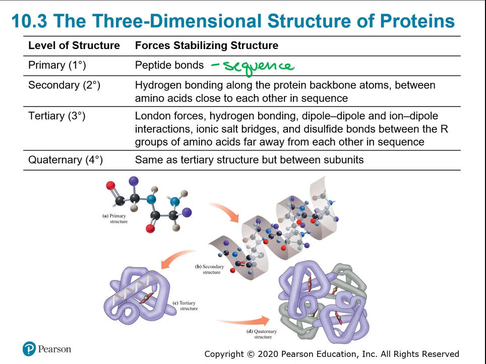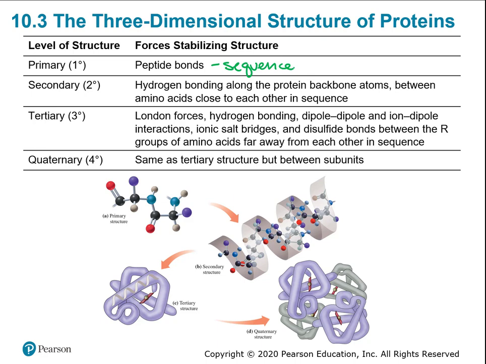Tertiary is the R group. That can form globular if you have lots of tertiary structure. If you don't, then you tend to have more fibrous protein strands. And then quaternary is if you have more than one protein chain, so multiple proteins coming together. Hemoglobin is an example of this.